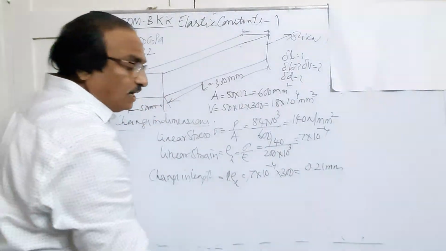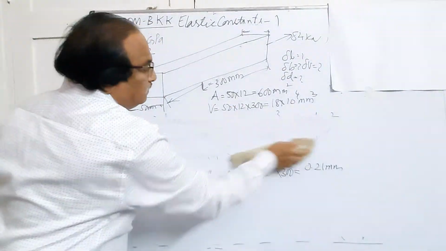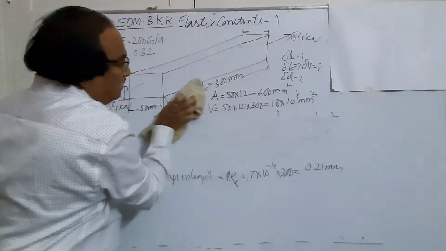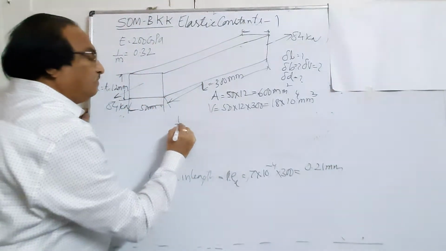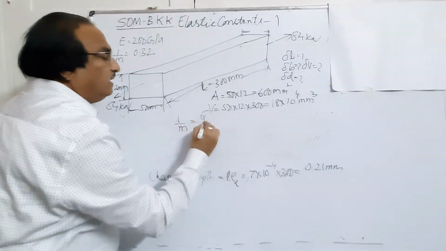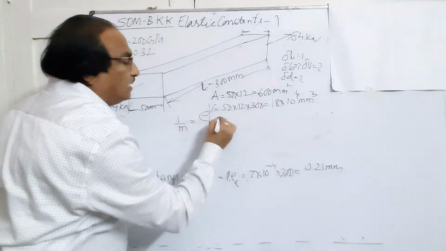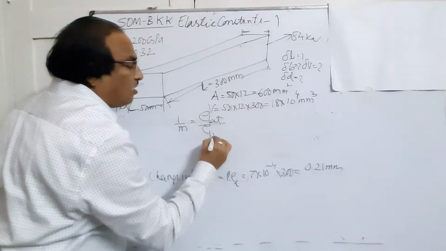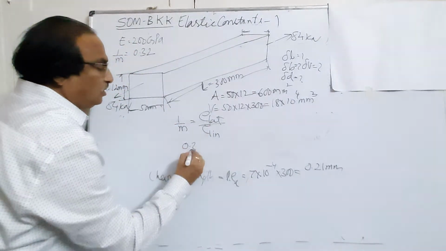Now once you know linear strain, you know Poisson's ratio, you can find out lateral strain. So let us find out here the lateral strain. 1 by m is equal to E lat divided by E linear or longitudinal. We know Poisson's ratio is 0.32.